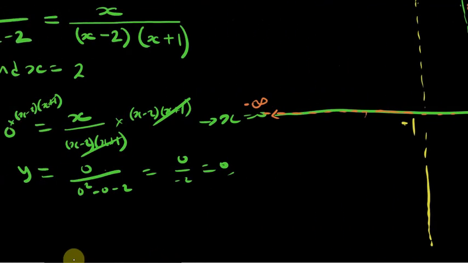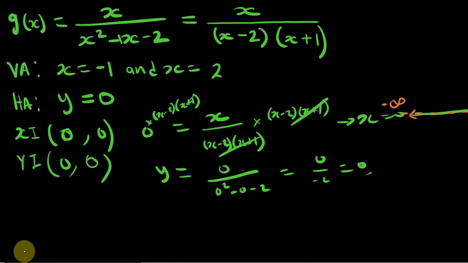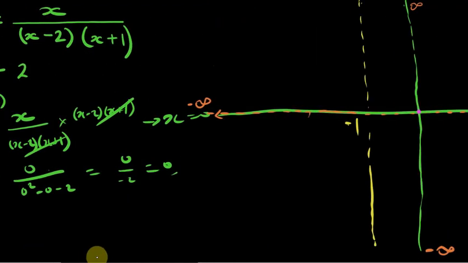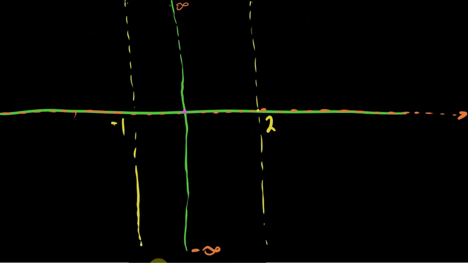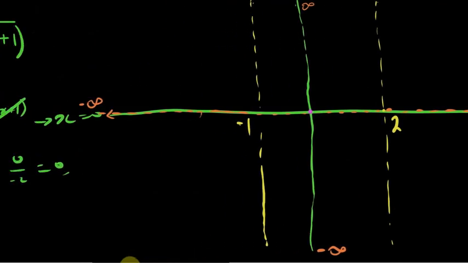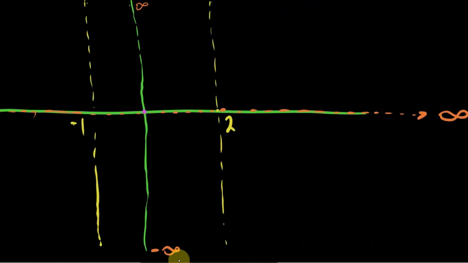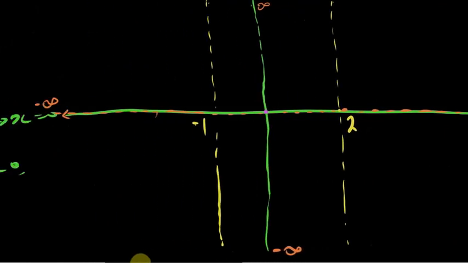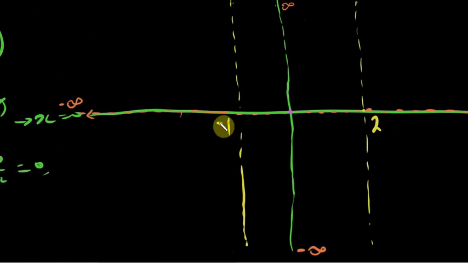I don't know where the graph lies, so I need some extra points in order to determine it. I'll get some points on this side just to observe the behavior of the graph on the negative side of the vertical asymptote.